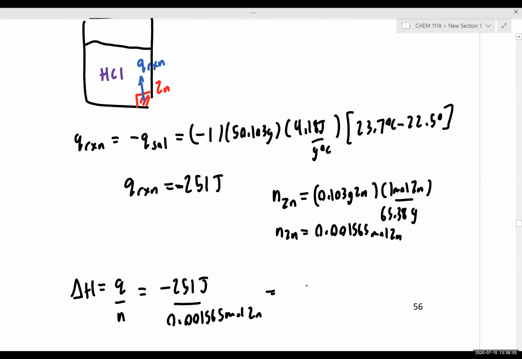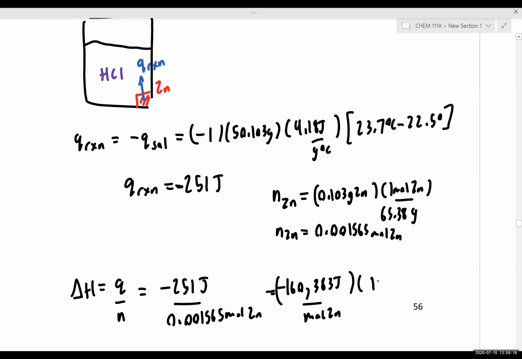So let me just check this one more time. 0.103 over 65.38. Okay, so we have 251 over 0.001565, which gives us negative 160,383 joules per mole of zinc.